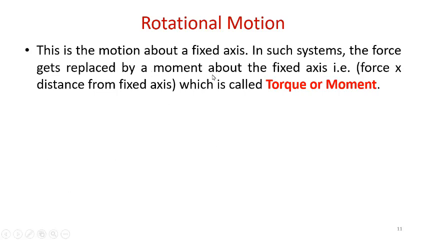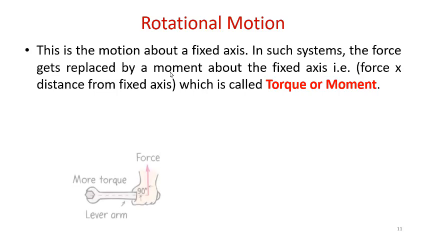So here we are going to use the word turning moment. This moment is about the fixed axis, and it is formed by the product of force and the perpendicular distance from the fixed axis, very familiarly known as the torque applied, or torque. So this is also called the twisting moment.